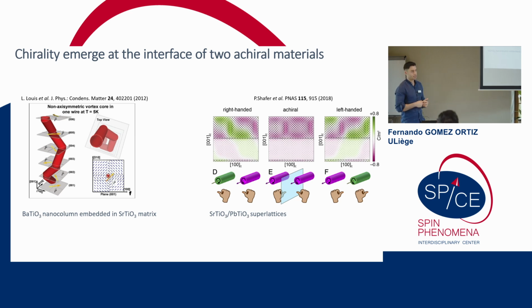But the drawback of this chirality is that it is very robust, so it cannot be easily switched. And in order to apply this chirality property to nanoelectronic devices, a key property that we need is control of this chirality. So if it is very robust, it is not very convenient.